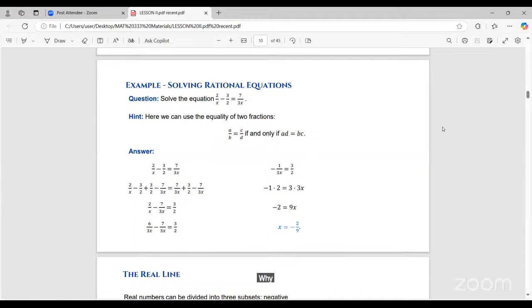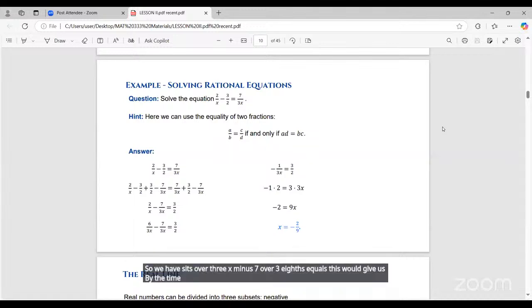We are trying to bring those terms with x to one side so that we can solve it easily. So we have 6 over 3x minus 7 over 3x, and by the time we solve, we'll have x equal to minus 2 over 9.